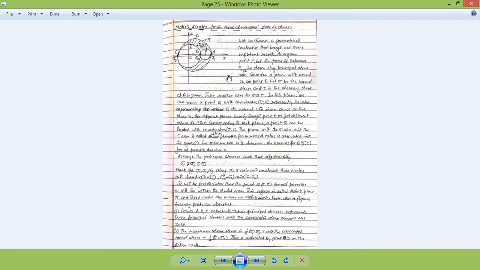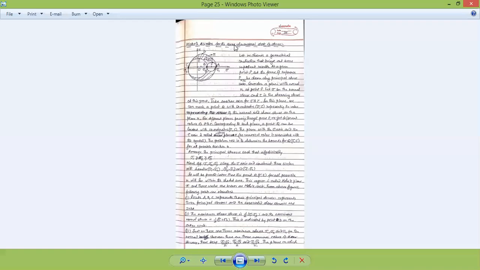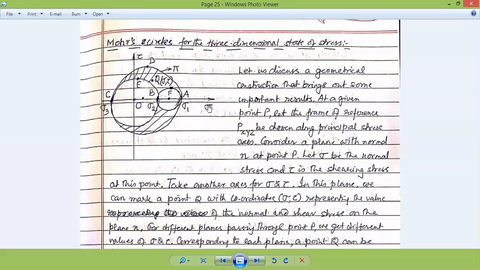Then we have three points here, the three principal stress points A, B, C. This is the origin O, then A, then B, and then C. A is positive, B is also positive, but C is negative. So what happens?